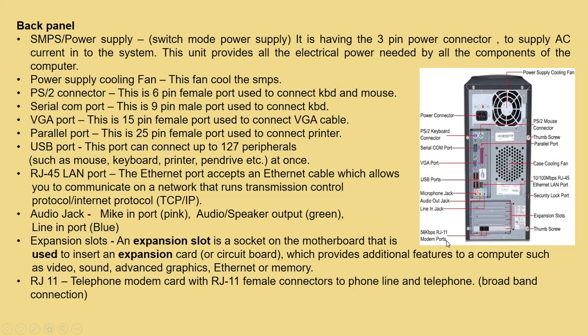So if you want to install any modem, you have to attach it here, and if you want to install any LAN cable for Ethernet connection or LAN connection, this RJ45 connector is to be used. Okay, so what does it mean? The Ethernet port accepts an Ethernet cable which allows you to communicate on a network that runs transmission control protocol or internet protocol.